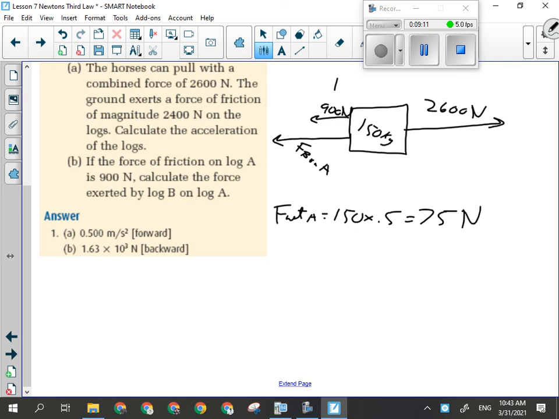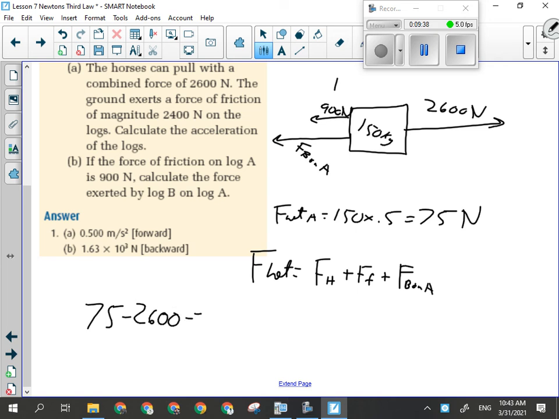Now that I know that, I can use the vector sum of all forces. F net is going to be the force of the horses plus the force of friction plus the force of B on A, which is the force I'm supposed to find. So now I'm just going to subtract these two over here. 75 minus 2,600 minus negative 900. That's my friction, and it's negative.